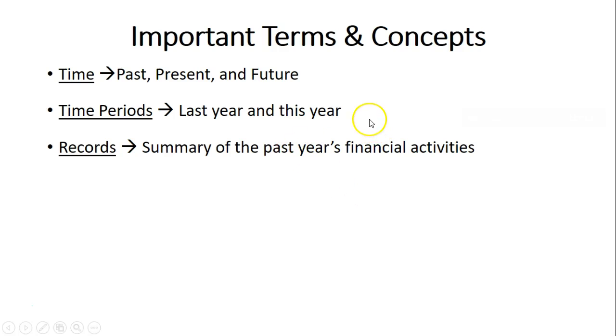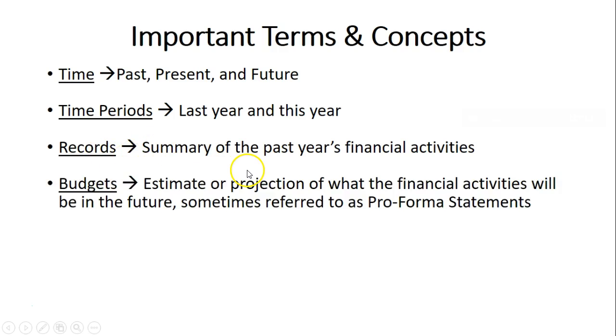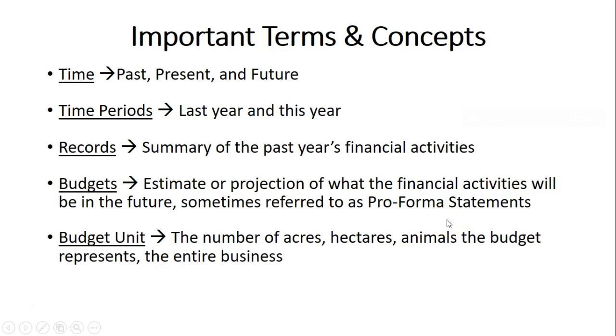We have time, looking at time in past, present, and future, and then we have time periods, last year and this year, and then we'll have records, a summary of the past year's financial activities, and then budget represents an estimate or projection of what the financial activities will be in the future. And sometimes these are referred to as pro forma statements.